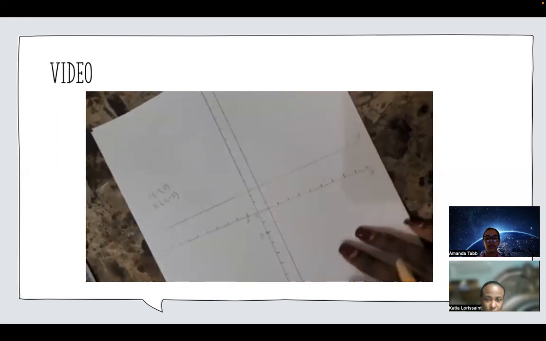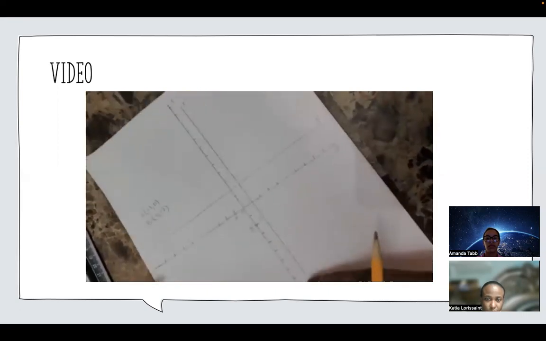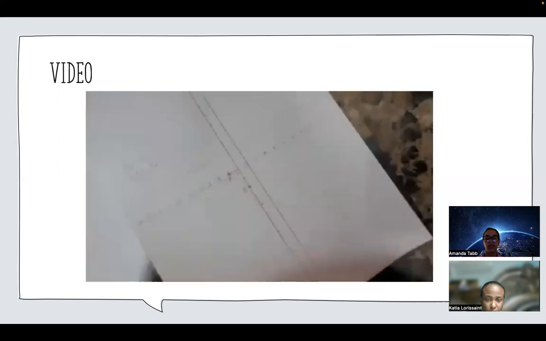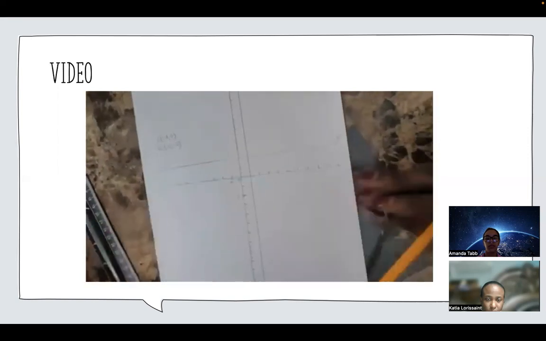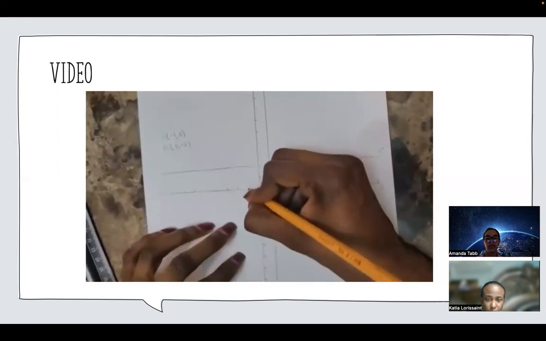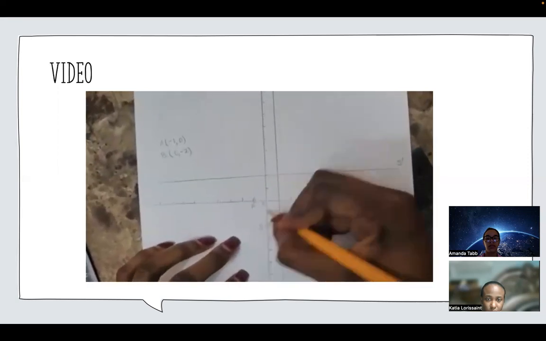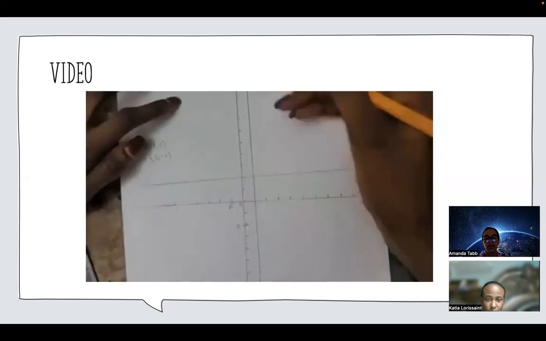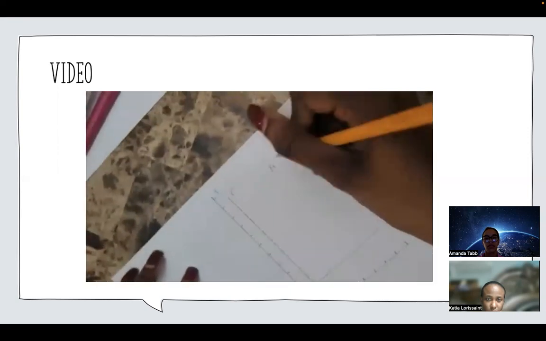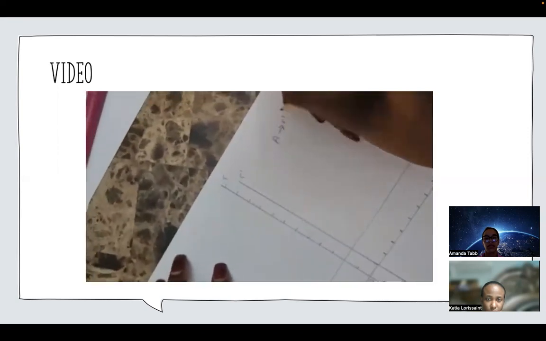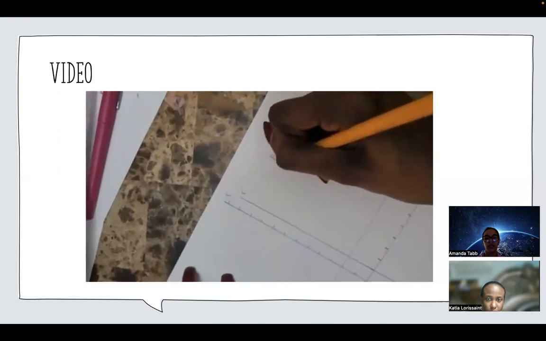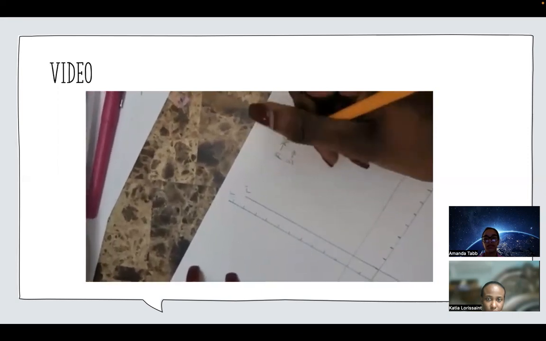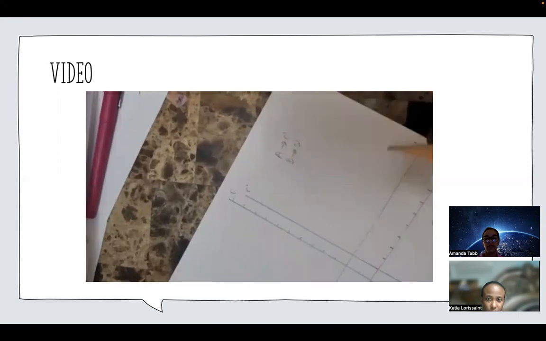Now what we are going to do, we are going to take the sheet of paper and then fold it. Remember, it's origami, so there is folding involved. We are going to fold it and make sure that A falls on R prime, and then B must get to S prime.